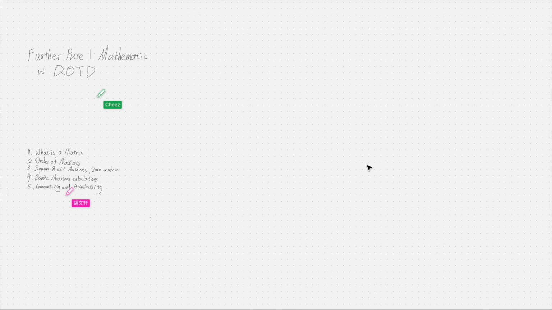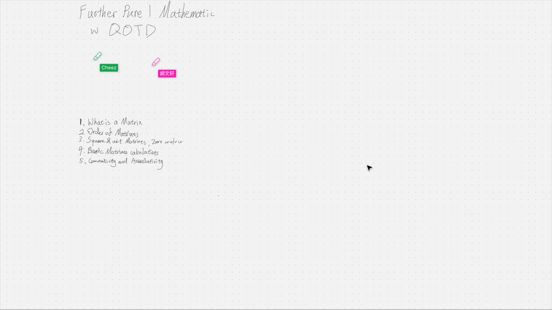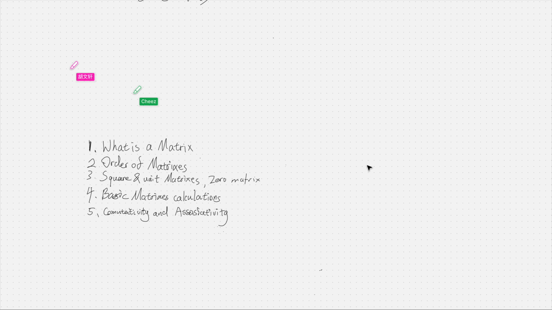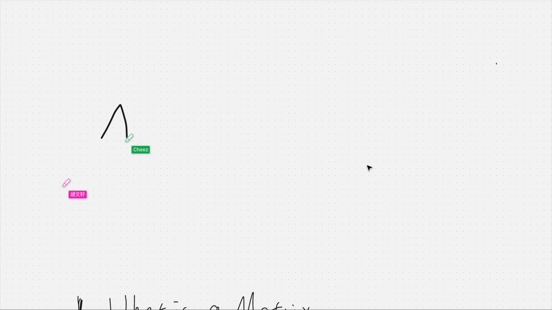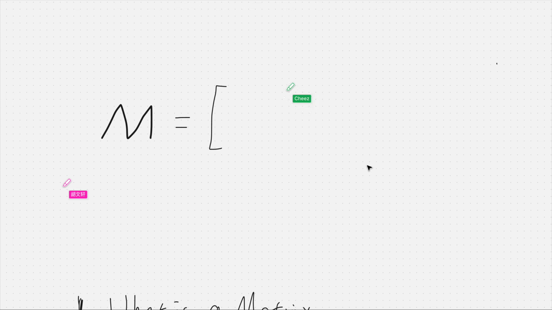What is a matrix, Raymond, Professor Raymond? A matrix is this funny-looking guy. And he is drawing a matrix indeed, and I will explain whilst he draws.